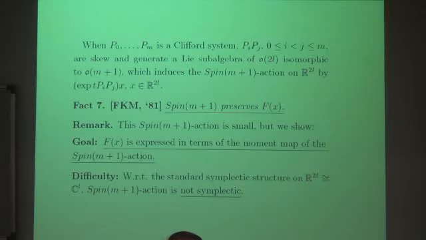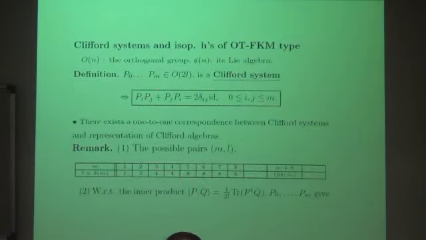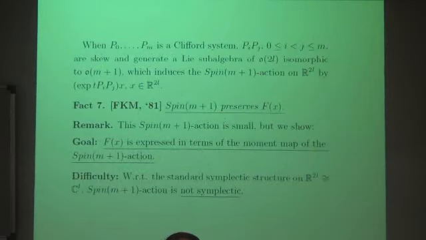Yeah, and then we want to have a spin action. So if we are given a Clifford system here, then the composition of Pi and Pj becomes skew by this relation. Pi composed with Pj becomes skew. So it generates a Lie subalgebra isomorphic to so(m+1).